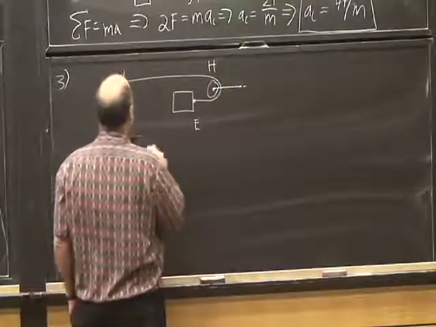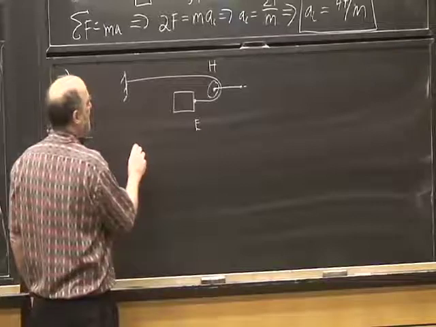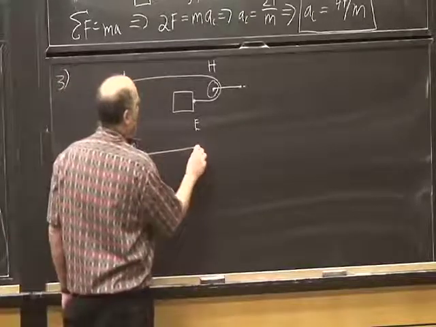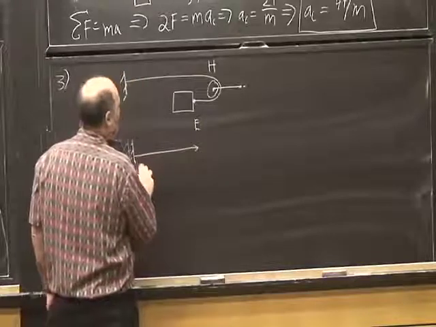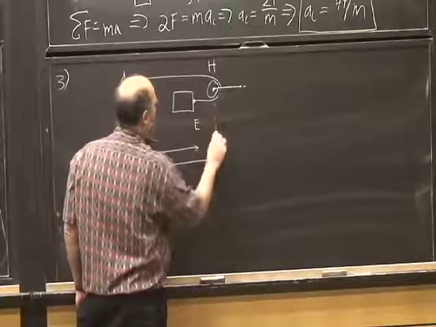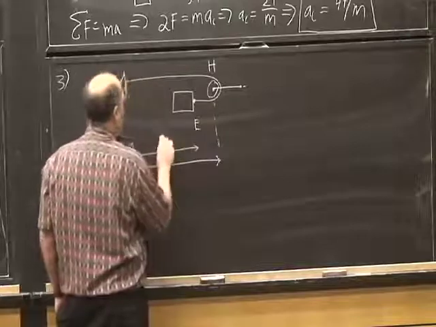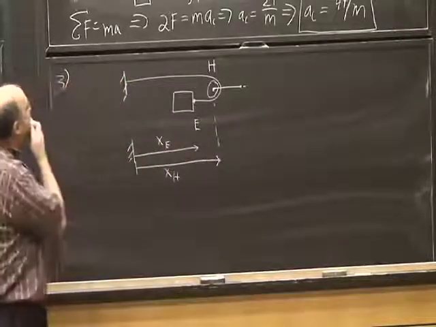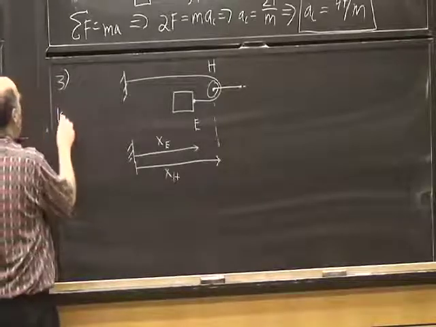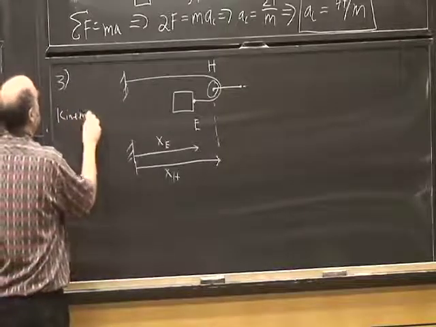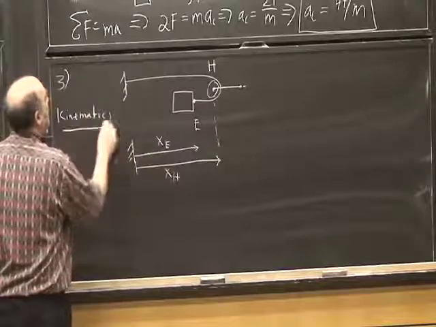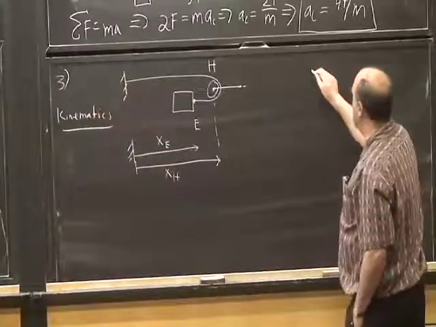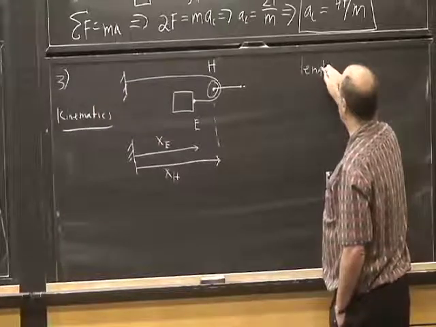And now I want to keep track of various positions and so on. So I'm going to measure from here over to here to point E. And I'm going to measure over here to the center of this thing. So this is going to be XE. Here's going to be XH. And then my kinematics, I'll use the same reasoning again, that the length of the string is constant.